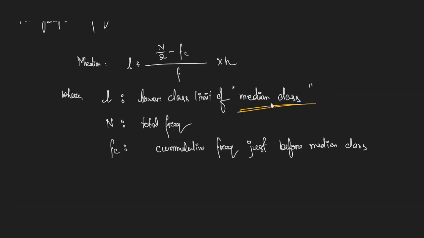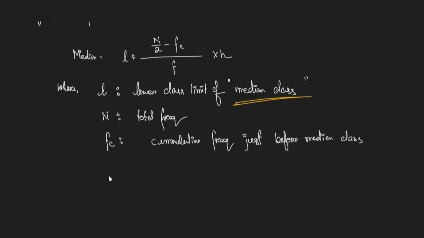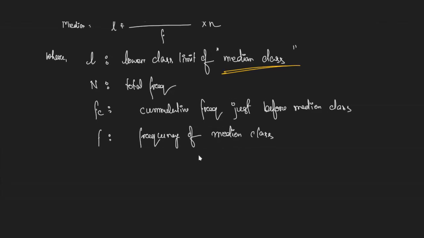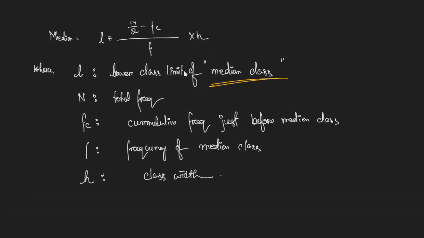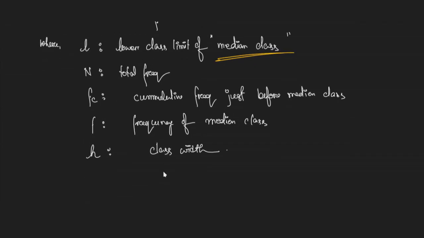The median class is the class interval within which your median will lie. Then fc, and then we have f, the frequency of the median class, and then h is the class width. That's it. So these are the terms used in the calculation of median.